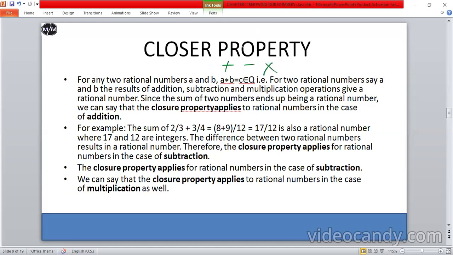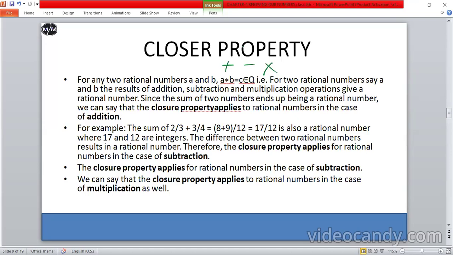We will study that shortly. For any two rational numbers a and b, with an operation from addition, subtraction, and multiplication, we can choose anything, and the universal symbol is star: a star b is equal to c, which belongs to Q.